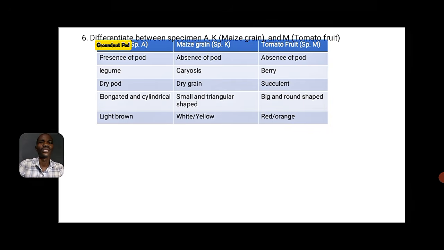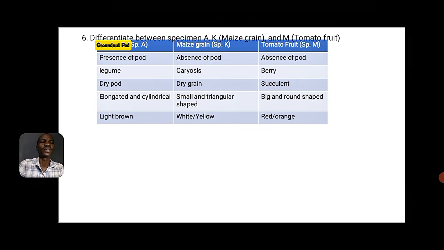Then the next one is the texture. The pod is dry, so we say it has dry pod. For maize, it is dry, so dry maize grain. And for tomato, it is succulent. Pod is elongated and cylindrical, while maize grain is small and triangular shaped.